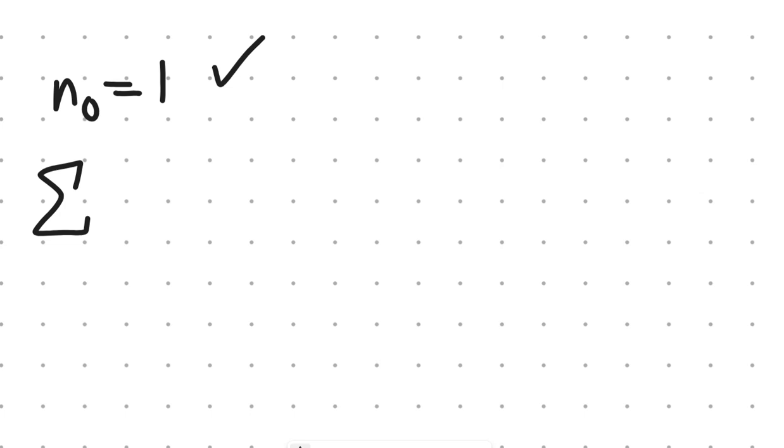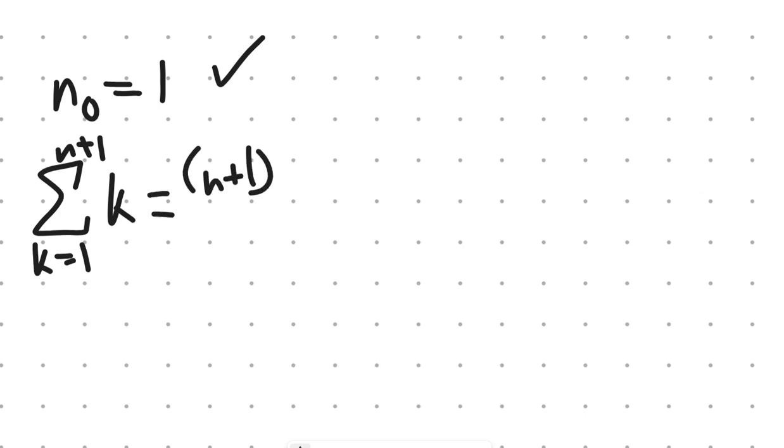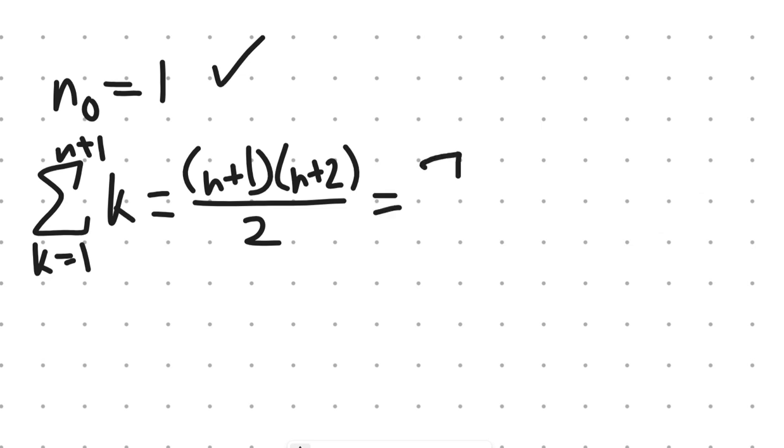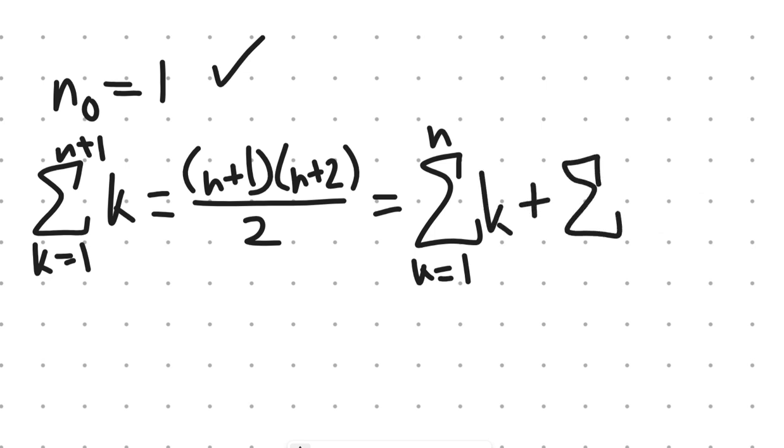So we have to say for a general n, the sum where k goes from 1 to n plus 1 of k should be equal to n plus 1 times n plus 1 plus 1, so n plus 2, divided by 2, which is also equal to the sum where k goes from 1 to n of k plus the n plus 1 index.